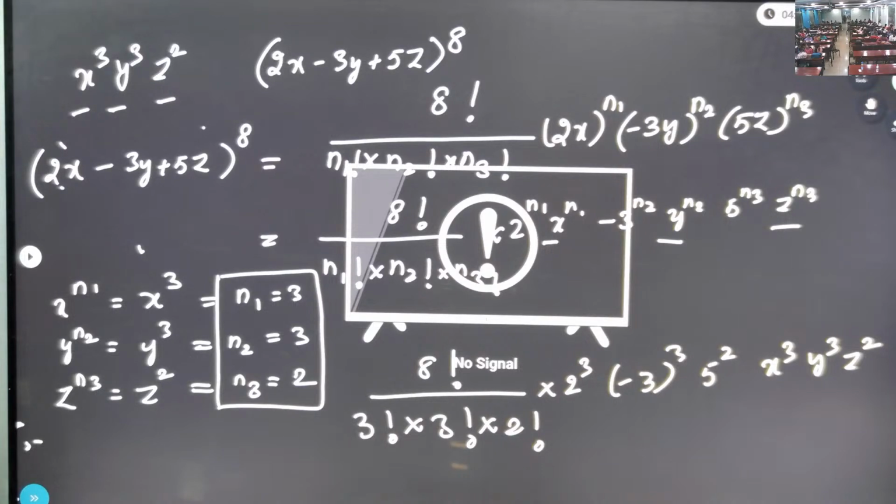Again I am repeating the equation: a plus 2b minus 3c plus 2d plus 5 power 16.